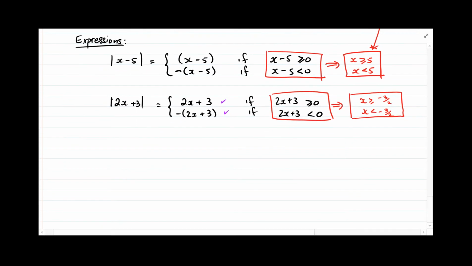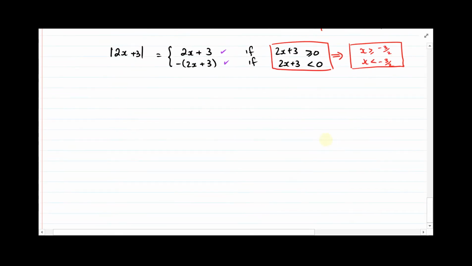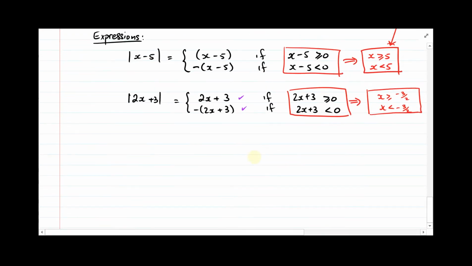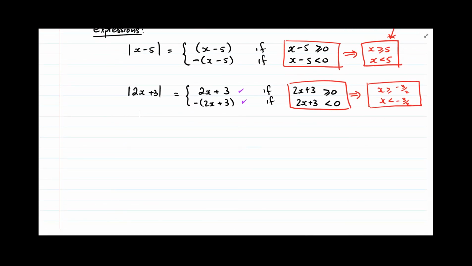Okay. So let's look at solving some equations now. So we're progressing. We've gone through just regular numbers. We are now going to move from the expression and look at what I claimed our topic was today, which is solving absolute value equations.